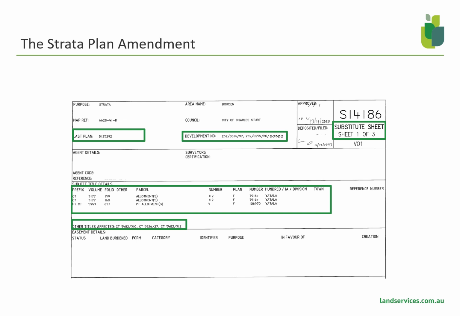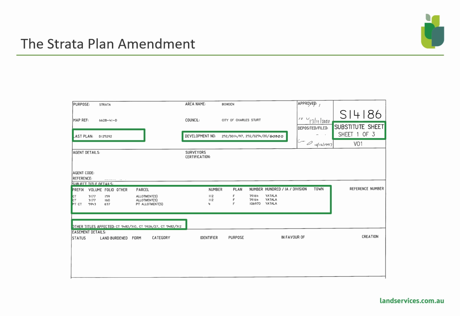The strata amendment is lodged through DPL. It shows the substitute sheet label, the DP is the last plan reference, the two SCAP consents are shown, the subject title details is amended to reflect the extra portion being added by showing PTCT for the part of allotment 4 being added to the strata scheme.